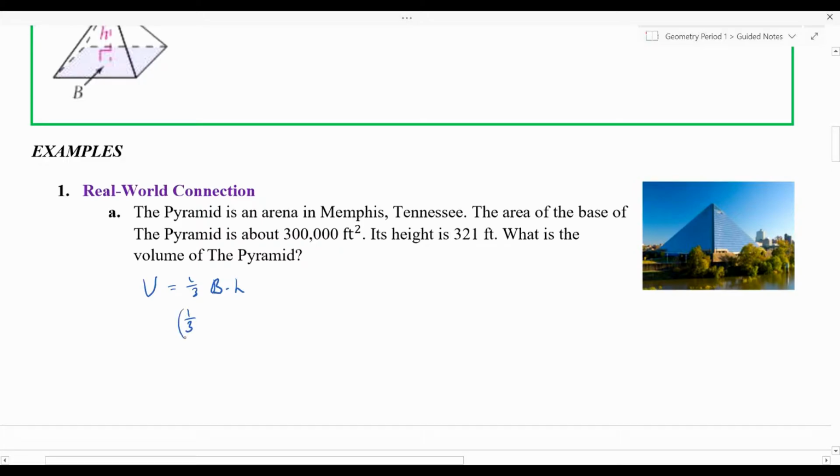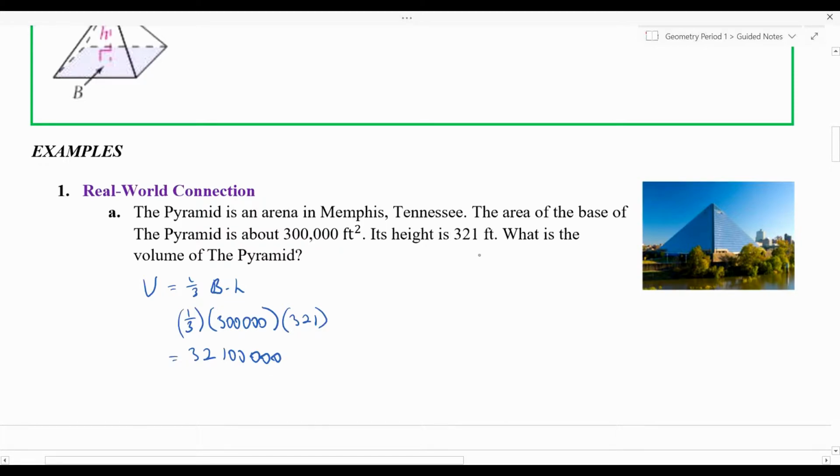So it's 1/3 times the area of the base, which is 300,000, times the height, which is 321 feet. When we multiply all those numbers, we get 32,100,000.